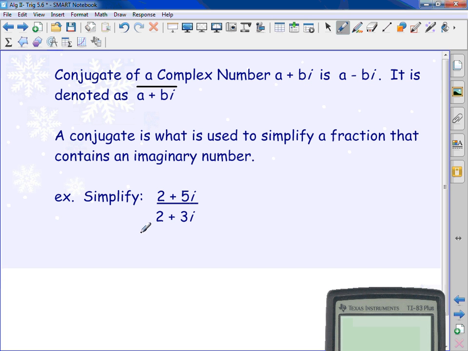To simplify this problem, we're going to take the conjugate of the bottom. What's the opposite? 2 minus 3i. Whatever you do to the bottom, you have to do to the top.